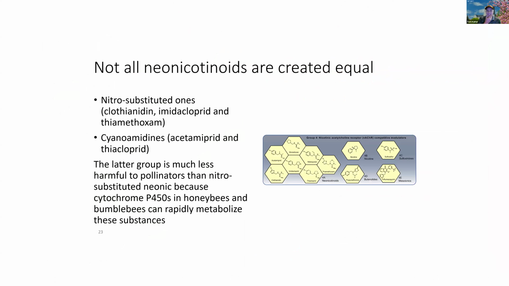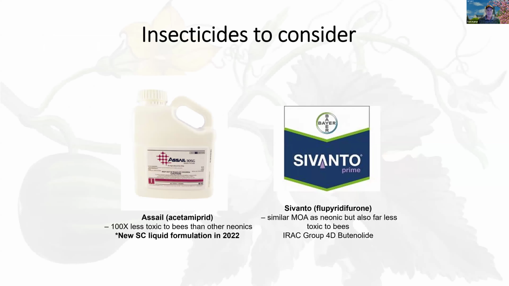The other thing to consider, if you're on the fence about neonicotinoids, is that they're not all the same. They're not all created equal. There are different types of neonicotinoids, and that really affects their non-target effects. The cyanoamidines, a type of neonicotinoid like acetamiprid, which is in Assail, are a heck of a lot safer. 100 times less toxic to bees than the other neonicotinoids, actually.